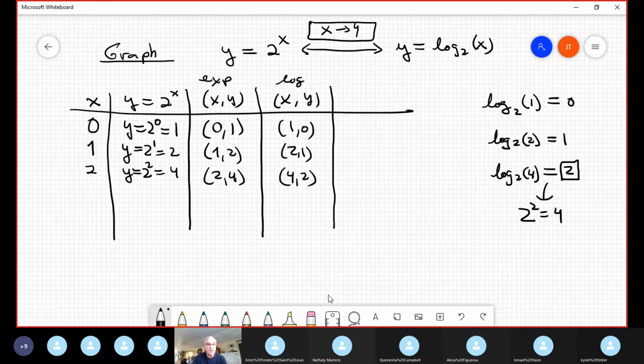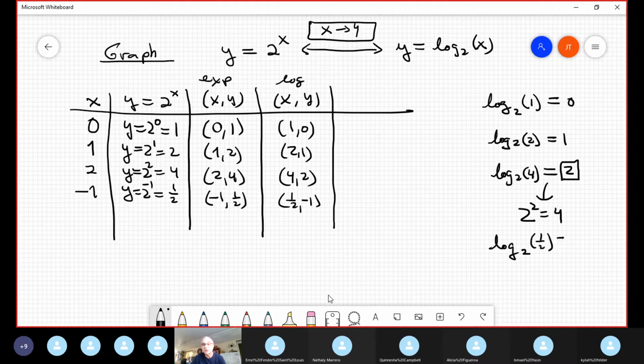But no, negative 1. Suppose a negative number, negative 1. y is equal to 2 to the minus 1, which is 1/2, the reciprocal. So in the exponential it is (negative 1, 1/2), and in the logarithm it is (1/2, negative 1), because logarithm base 2 of 1/2 is negative 1. Do you remember that? When you are doing base 10, it was 0.1; in this case it is 1/2, which is 0.5 in decimal. It is negative 1.